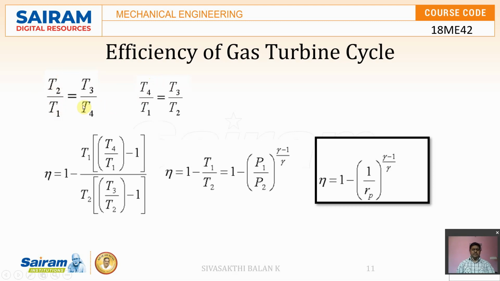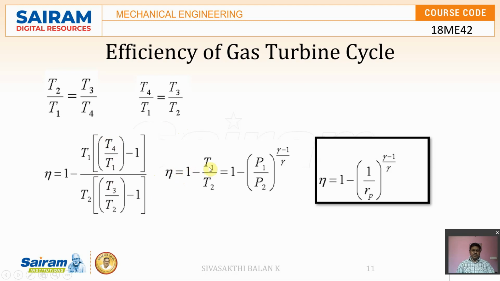In that case T2 by T1 will be equal to T3 by T4, and if you rearrange the terms, you will get T4 by T1 is equal to T3 by T2. So in the general efficiency which we derived in the previous slide, T4 by T1 is replaced by T3 by T2. The numerator and denominator both have T3 by T2, so we can remove this term from both. The remaining is the efficiency.